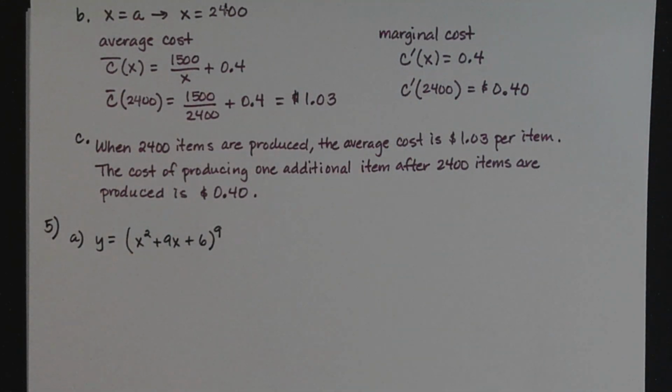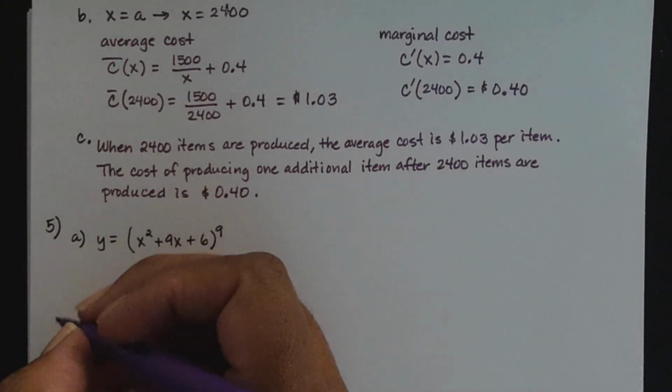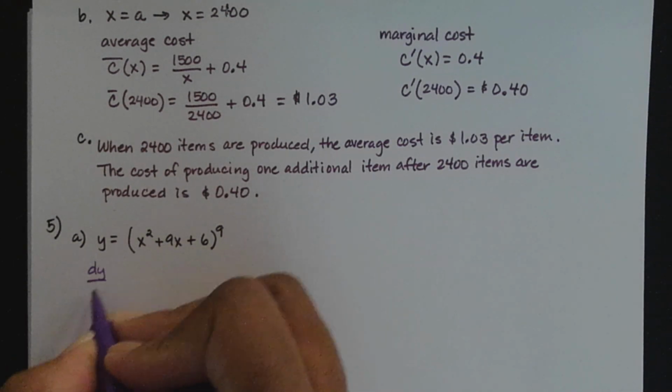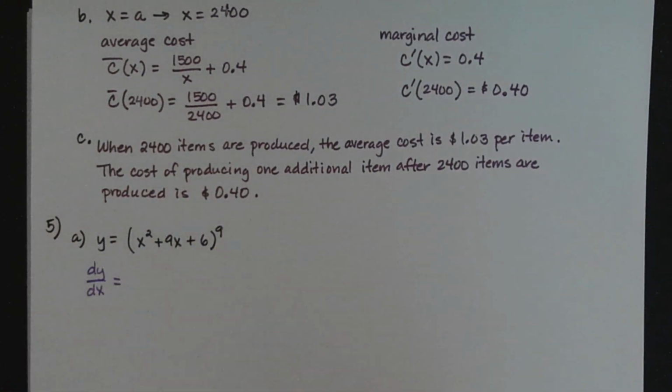We want to use the chain rule to find the derivative of that function. I did show you 2 ways of finding the derivative, but we can just do it like this. I'll use dy/dx as a notation.